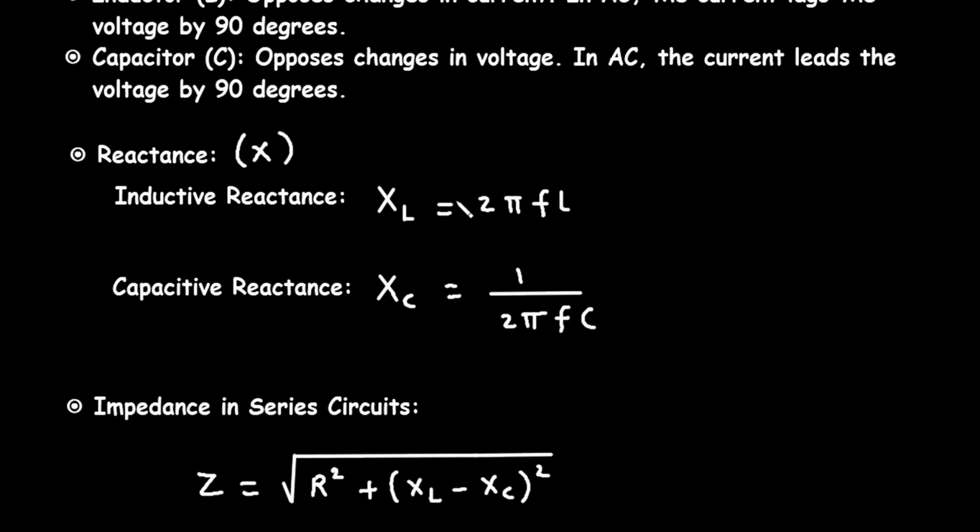Capacitive reactance is represented by XC. It is equal to 1 upon 2 pi FC, where C is the capacitance in farad. Also remember that the unit of inductive reactance is ohm, and the unit of capacitive reactance is also ohm.